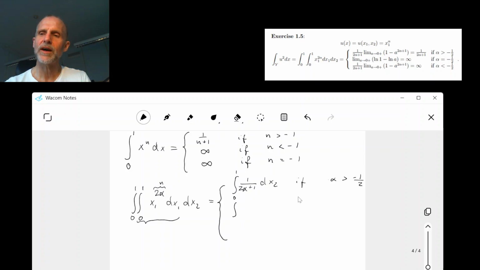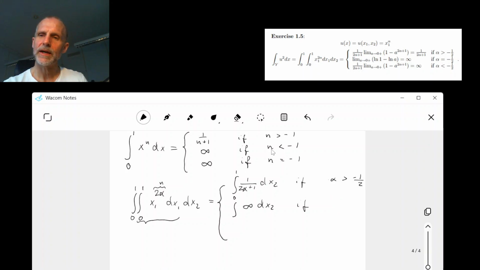If alpha is equal to -1/2, then n is equal to -1. And if alpha is less than -1/2, that is when n is less than -1, we obtain infinity in the integrand here.